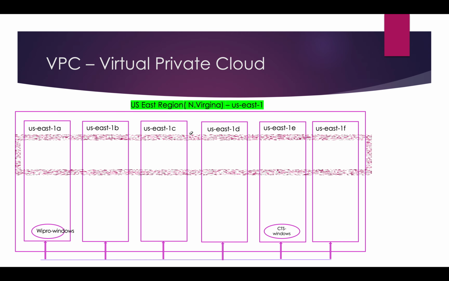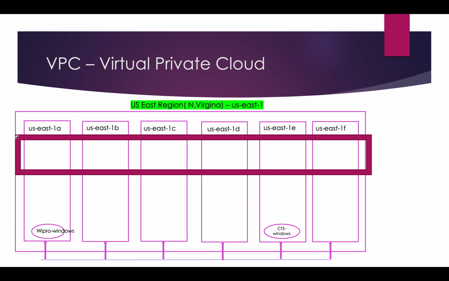Now see this diagram. I created one VPC, and I named it Wipro VPC. Previously I didn't have any security. When I allocate one VPC specific to one region, if you go for the Mumbai region, you need one VPC.